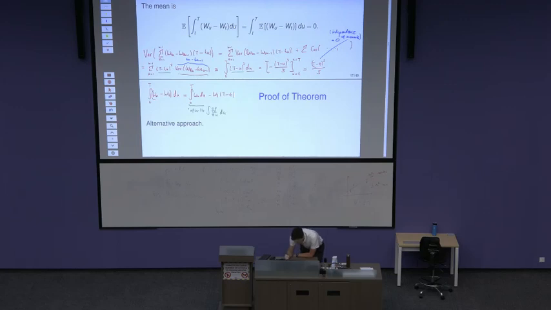So the question is, what is f, so that we can apply Ito's lemma? What is f such that after deriving with respect to time, we get the Brownian motion? Does someone see it directly?